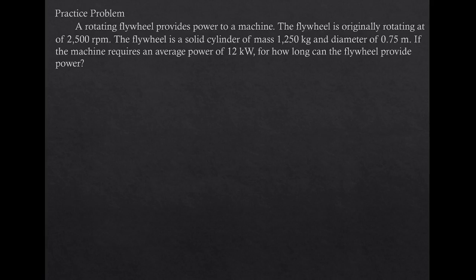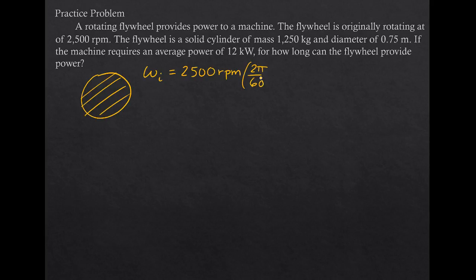A rotating flywheel provides power to a machine. So here's that flywheel. And it's initially rotating at 2,500 RPM. And we know the conversion for that is times 2 pi over 60 to get into radians per second. Okay, so the flywheel is a solid cylinder.